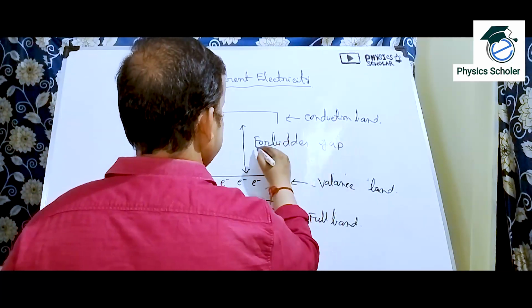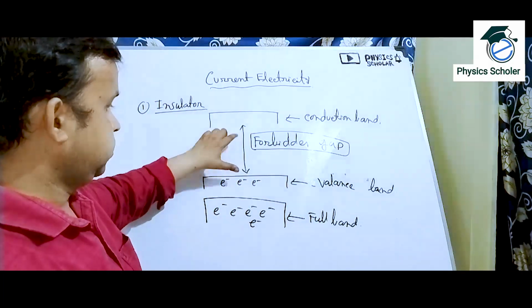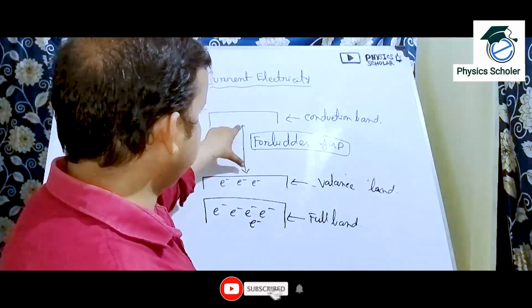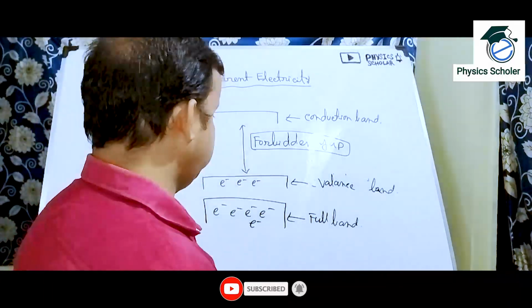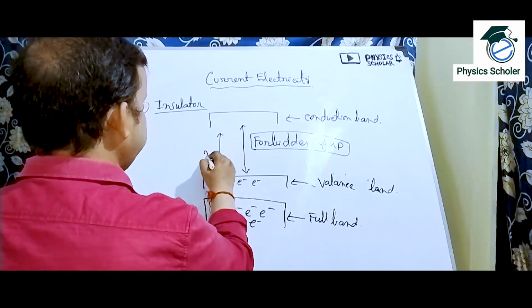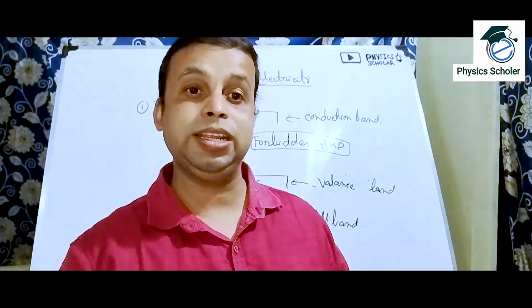In case of the insulator, the energy difference between the valence band and the conduction band, the forbidden gap, is huge. That means it is almost impossible to shift any electron from the valence band to the conduction band.